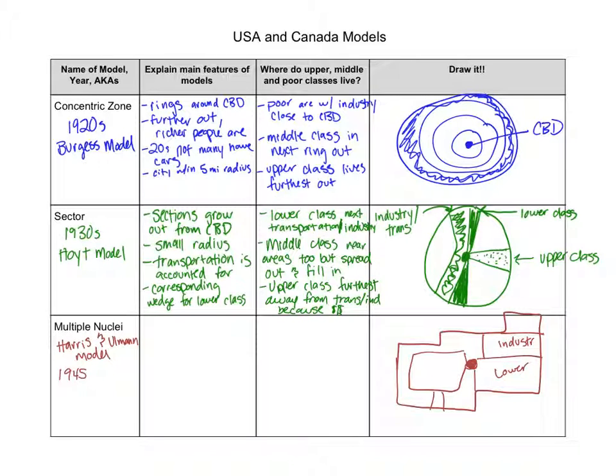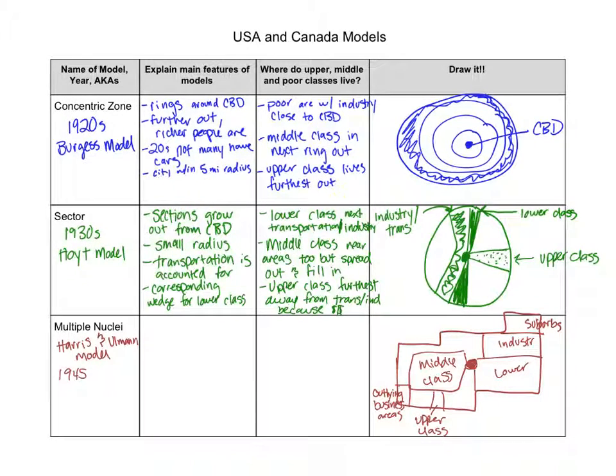So similar to the sector model in that, your upper class is going to be over here, farther away from that industry still, okay? Your middle class is going to be left in the middle, but you're also going to have other mini outlying business areas, okay? So think mini CBDs almost, and you're also going to have suburbs too.